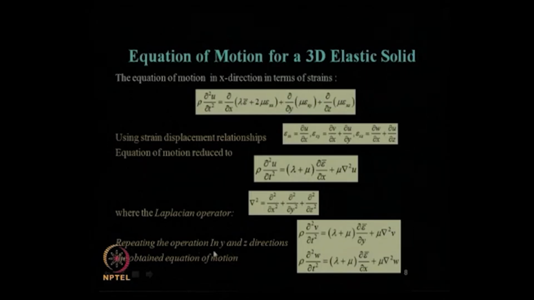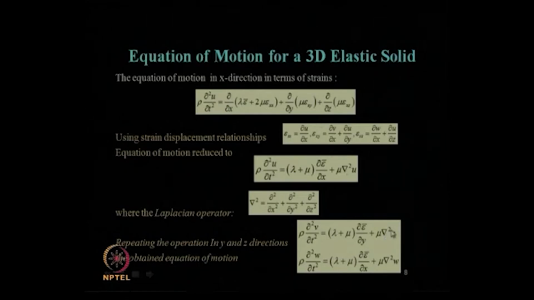Similarly, in the other two directions, that is in the y direction and z direction, we can obtain similar expressions. Rho times del square v by del t square will take the form lambda plus mu times del epsilon bar by del y plus mu times grad square v.